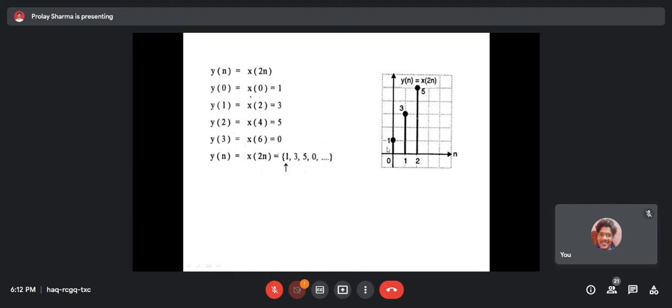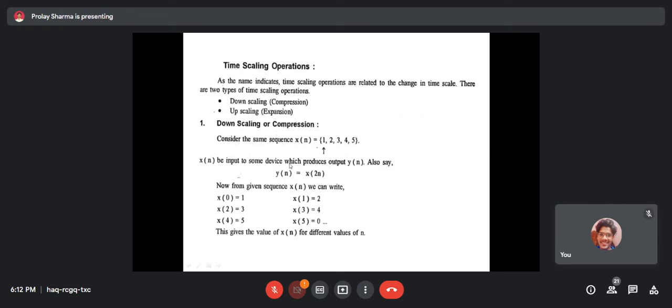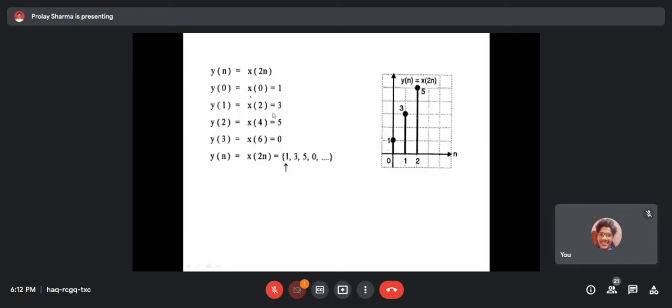So y[1] will give the sample at position n equal to 1. So it is x[2], and the value of x[2] is 3. So y[1] is 3.